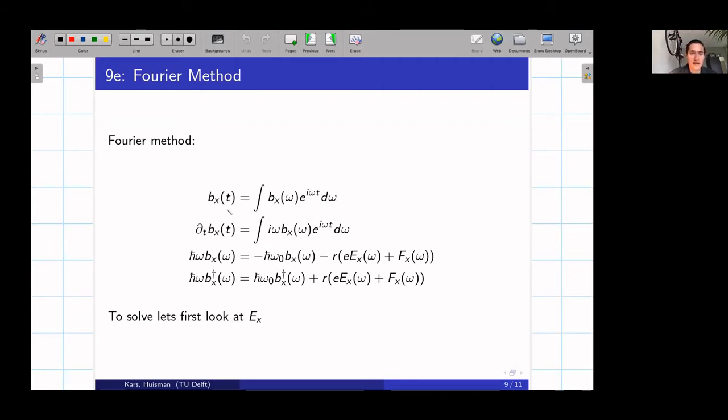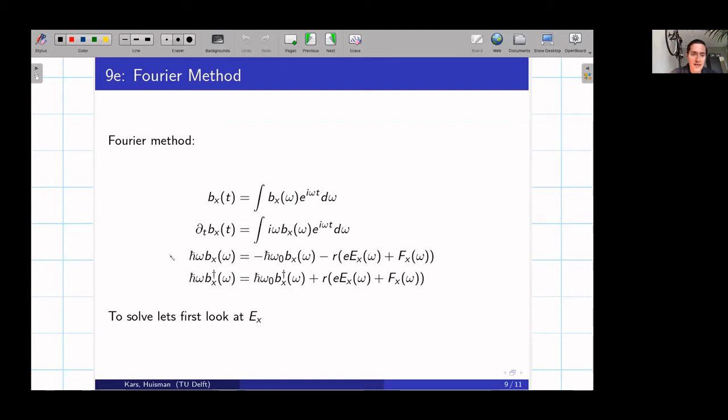You decompose this time-dependent operator here, b_x(t), and replace it by its Fourier modes, b_x, and if there's e to the i omega t, you just do a Fourier transformation. What changes is that if you take a time derivative of this operator, you get i omega down. So you can do these transformations to the equation of motion we just saw.